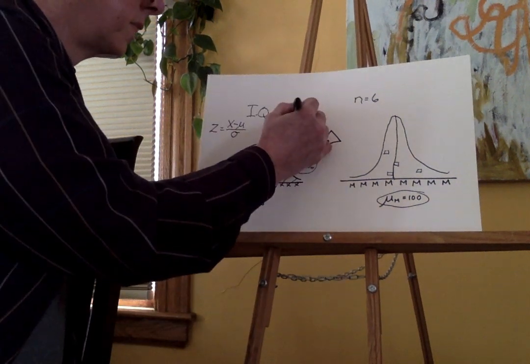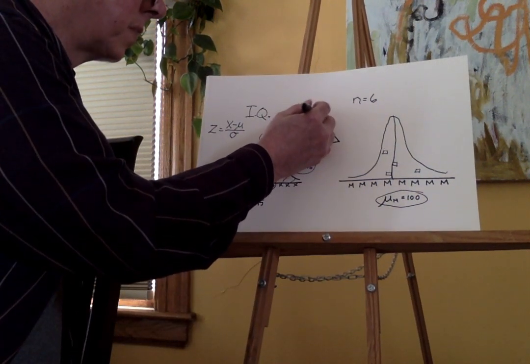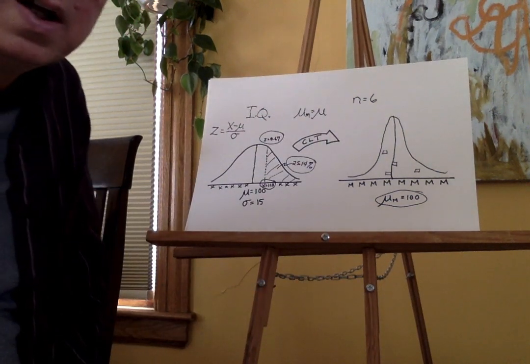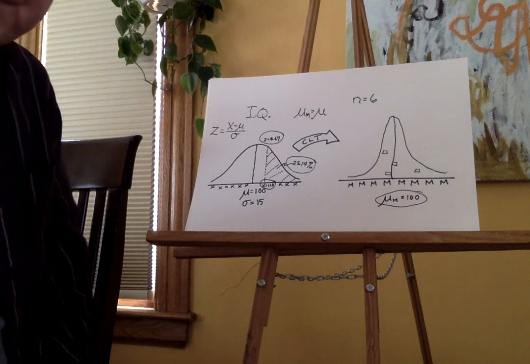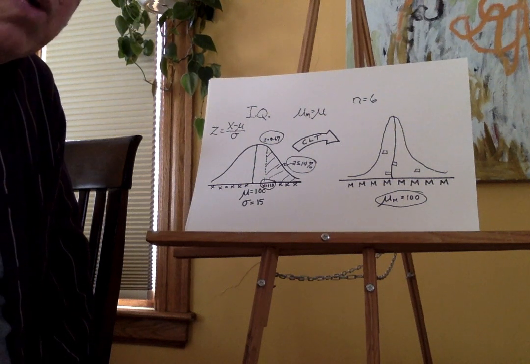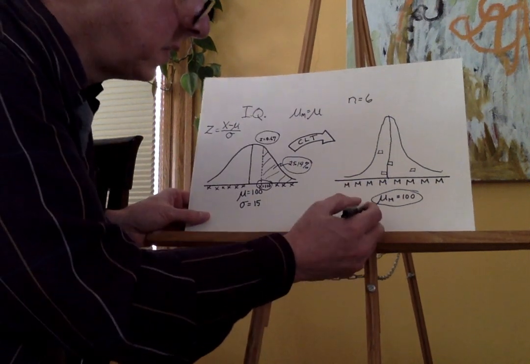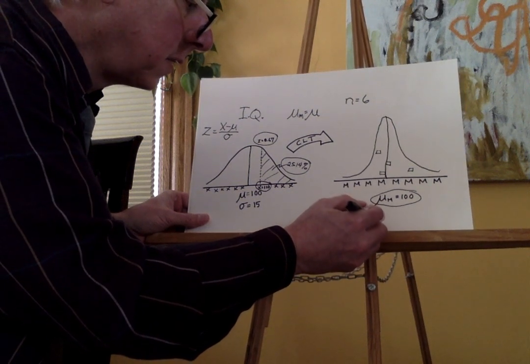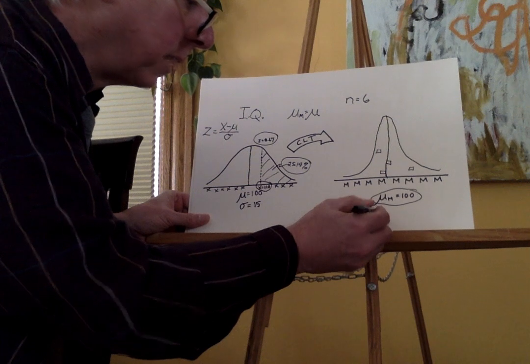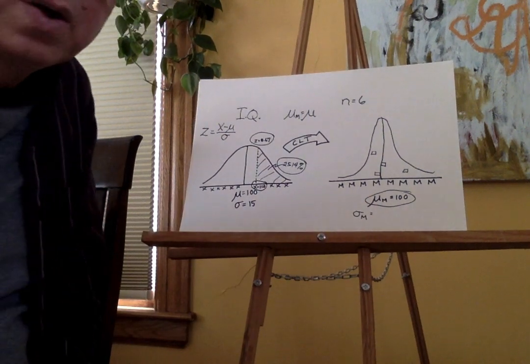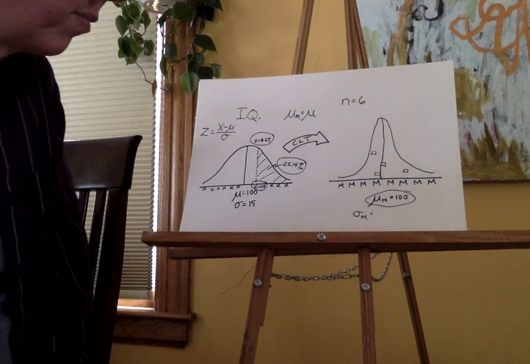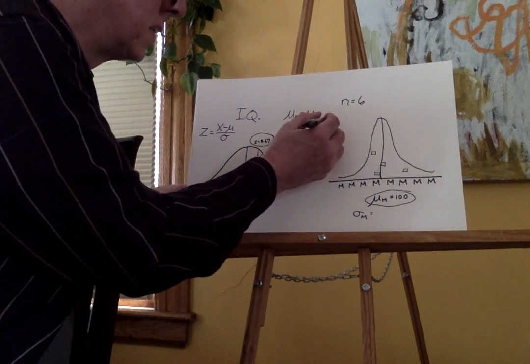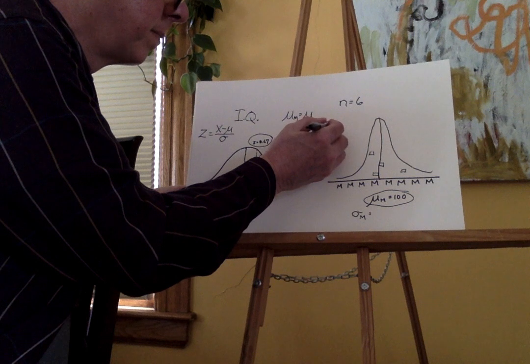So mu sub M is going to be equal to our original mu. That's the first part of the Central Limit Theorem. Now we ask, what is the standard deviation for all of these sample means? Well, we know what that's going to look like because it's given by the Central Limit Theorem.